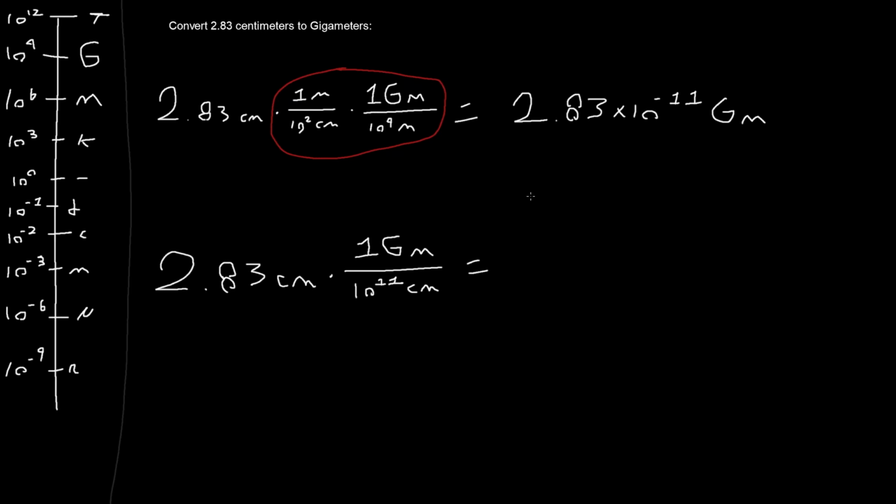We get the same exact answer of 2.83 x 10 to the negative 11 Gm.